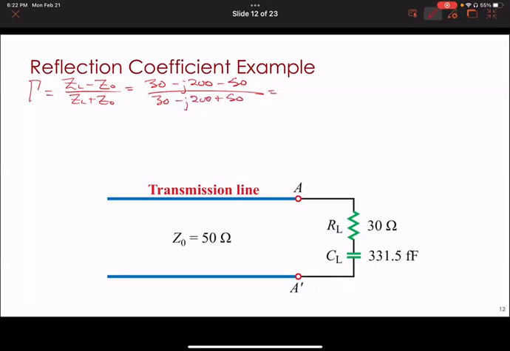We can add the reals. Not much we can do with the imaginary, but we can add the reals together. So 30 minus 50, negative 20, minus J 200, divided by 30 plus 50, 80 minus J 200.